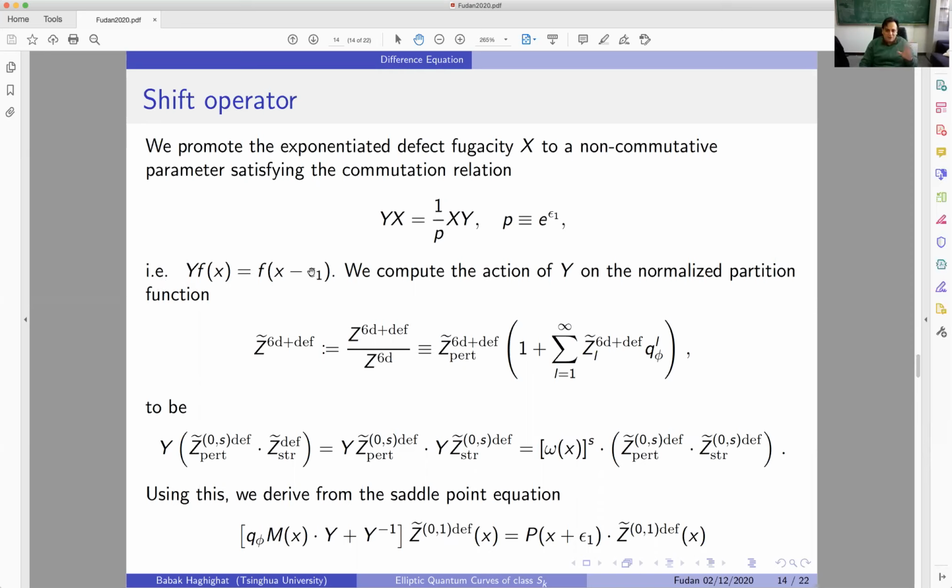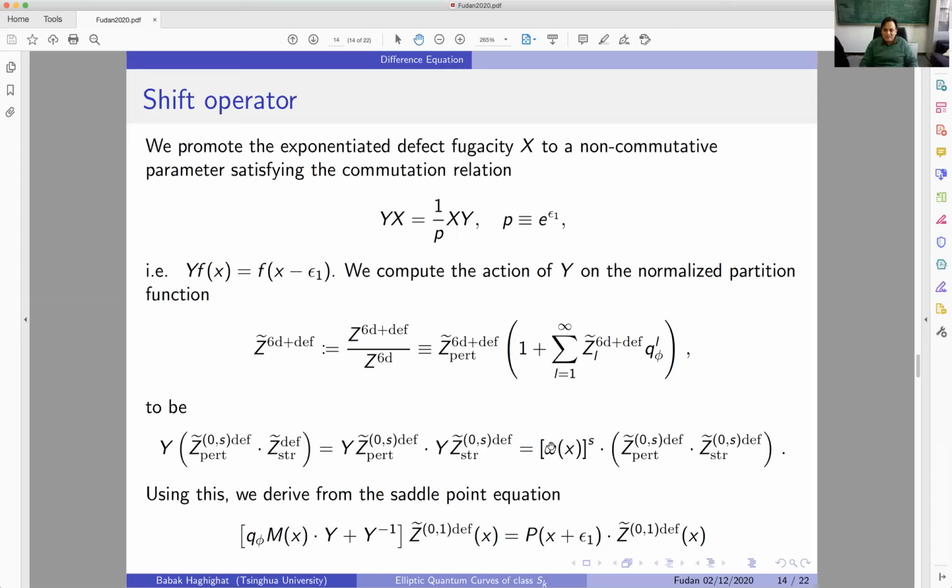And now observe the following crucial fact, namely, if you apply this y operator on the 6D system, namely the codimension 2 defect partition function, you can show very easily, just by using this path integral representation at the saddle point, that this operator acting on it just generates for you this omega, which we defined previously, times this defect partition function.